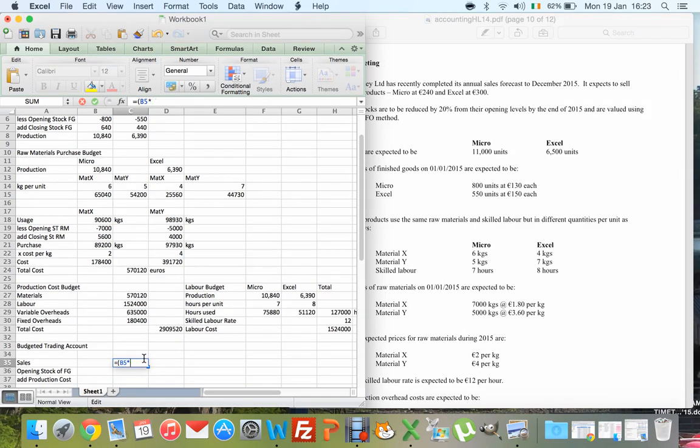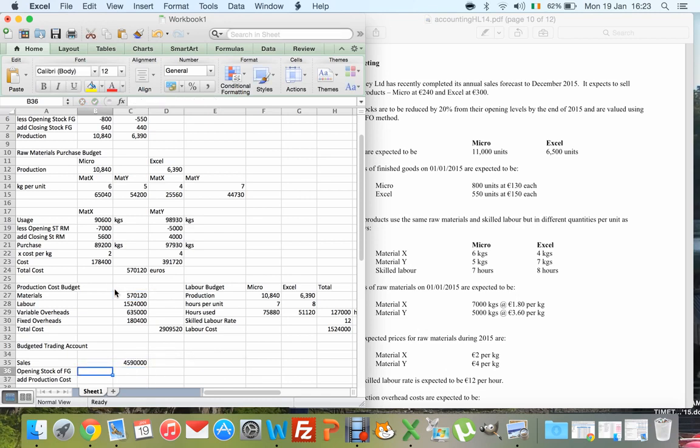I'm going to sell Micro at 240 and Excel at 300, and there's the amount we're going to sell. So that's Micro 11,000 times 240, and then we'll add 6,500 for the Excel. I'm going to sell that at 300 each. So that's the total money getting sales.